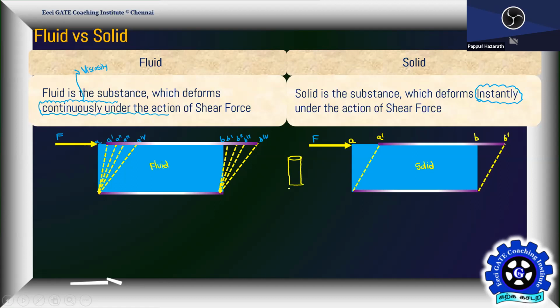If you take this body, or one bar, what is the name of this particular axis? Longitudinal axis. This is the transverse axis. The load which is acting along the transverse axis is called shear load. Vertical transverse shear load is nothing but shear force in beams.